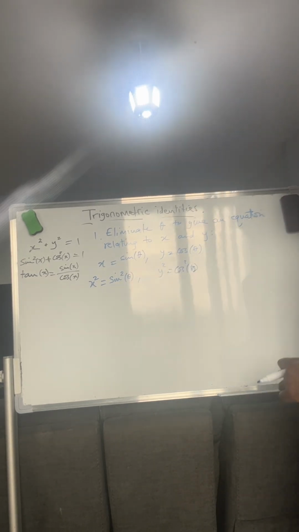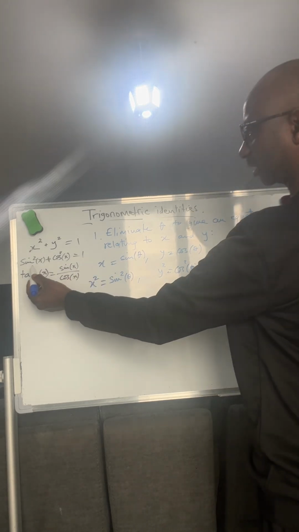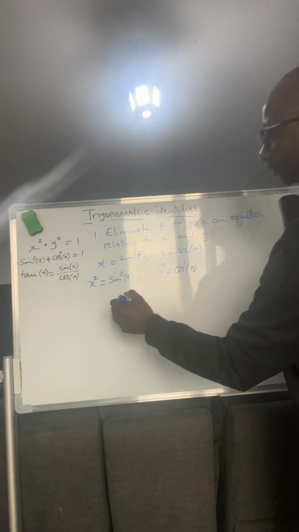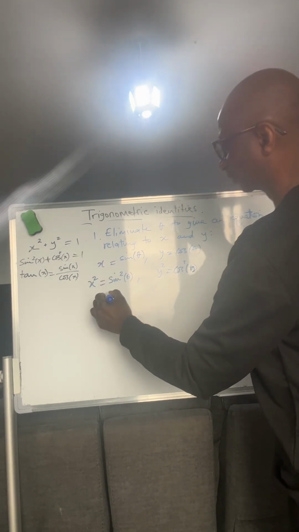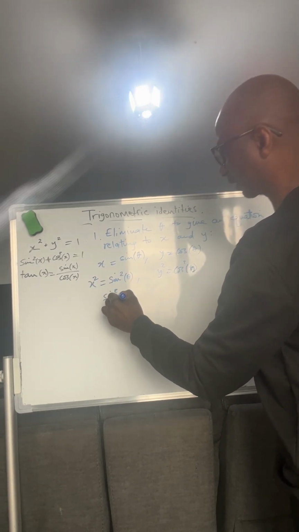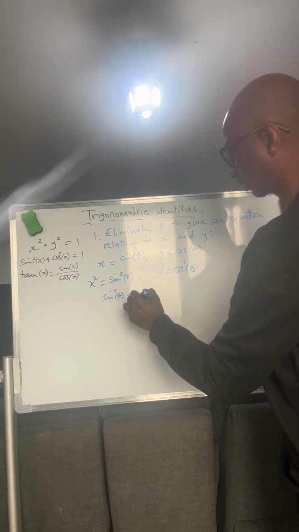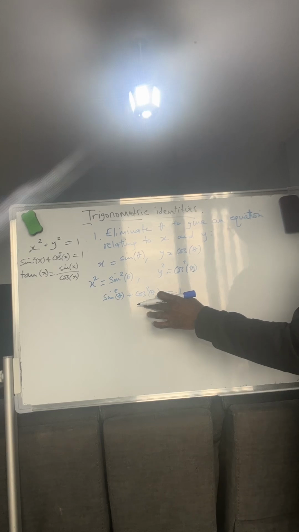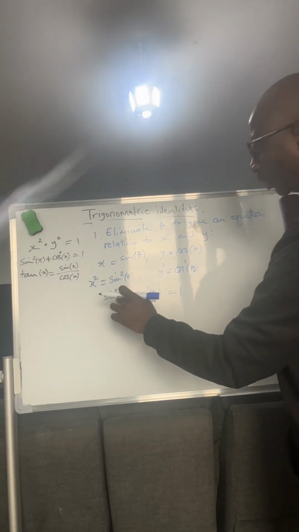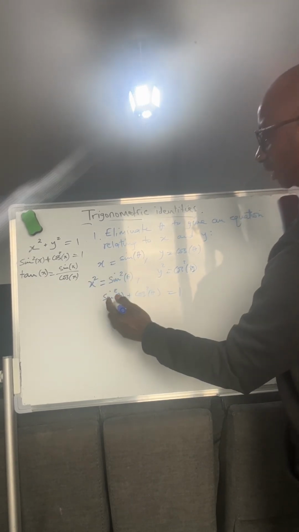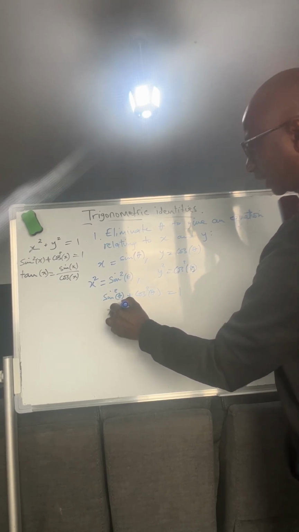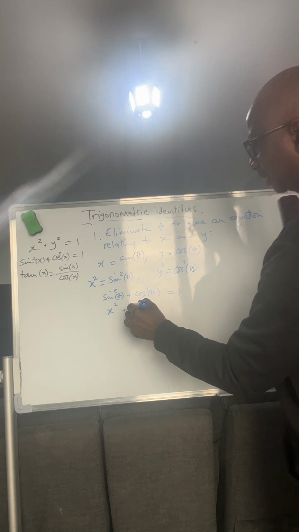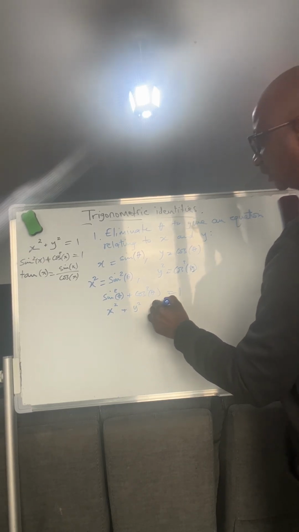And then you know this relationship: sine squared theta plus cos squared theta equals 1. So now we know that sine squared theta, which is x squared here, plus cos squared theta, which is y squared here, is 1.